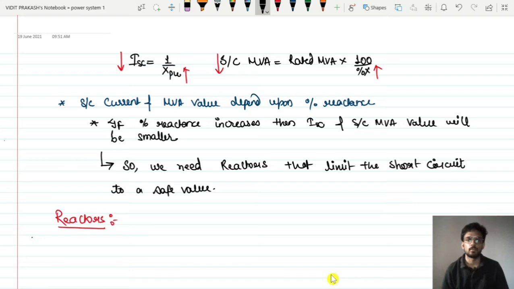It is a coil which has a higher reactance value as compared to its resistance, used to protect equipment and whatever installation is there in the power system.